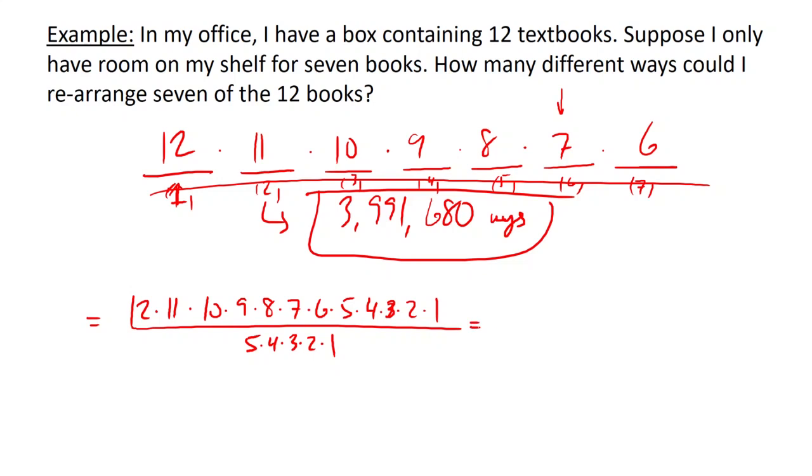And then, if you think about it that way, this is a factorial, and this is a factorial, right? So it's like 12 factorial over 5 factorial. The 5 is the leftover when you pulled 7.